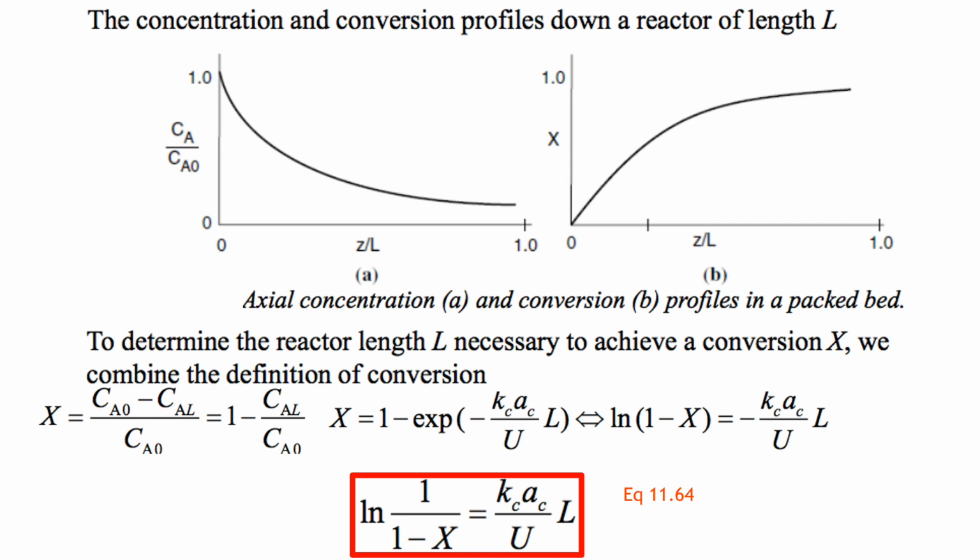Again, in order to design the PBR, for example if you want to calculate the reactor length, or the catalyst weight, or how much conversion is achieved, from equation 11.64 you can see that Z is now becoming L. We need to first calculate the Kc in order to solve the design of the reactor. So Kc, again, is the mass transfer coefficient.